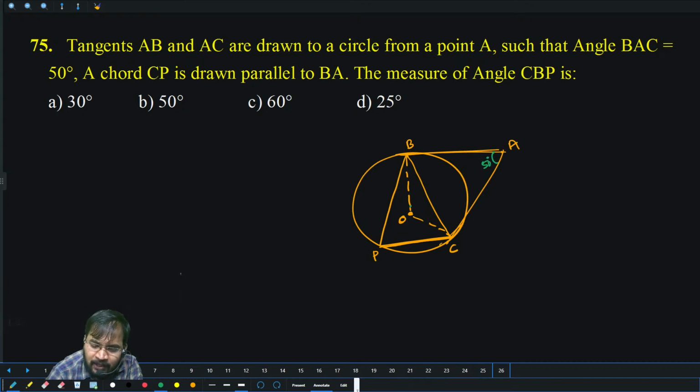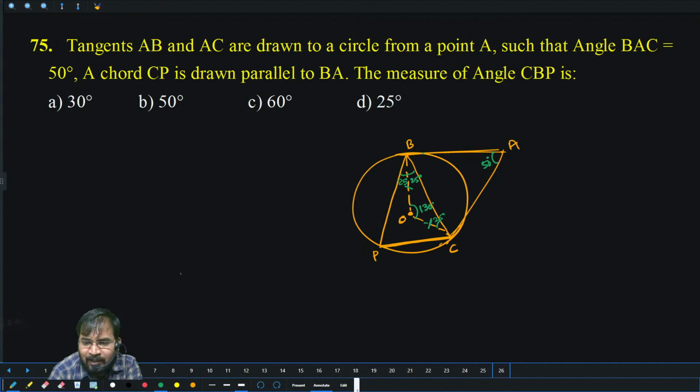If this is 50, this is what, amma? 130. OB and OC are the radii. These two are equal, so these two angles must and should be equal. Remaining angles sum is 50. Therefore this is 25. If this is 25, this is also 25.